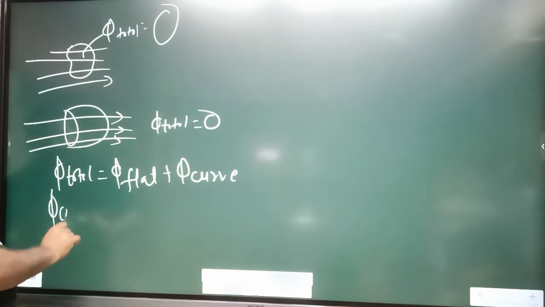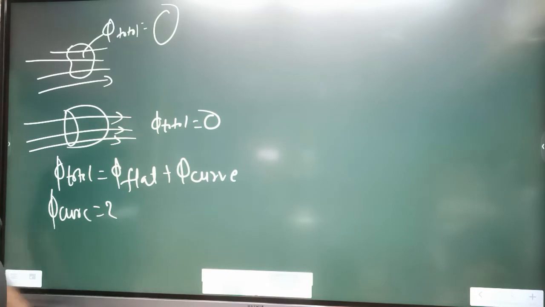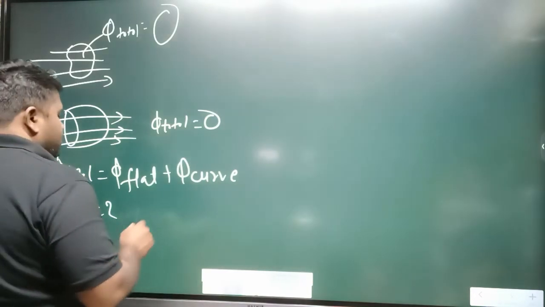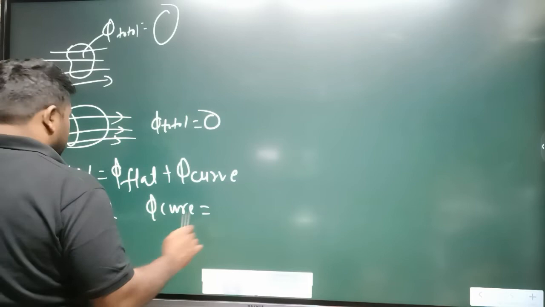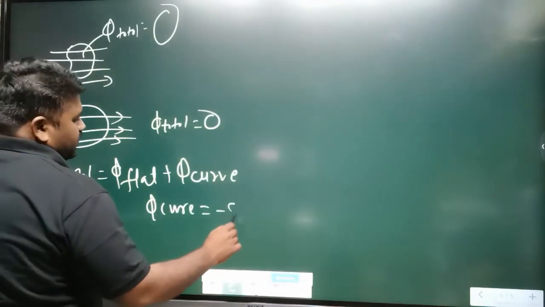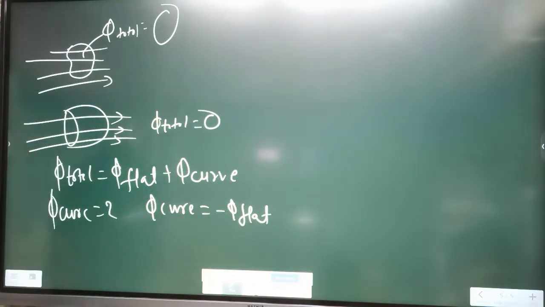Our aim is to find how much flux passes through the curved surface. But we know that phi total is equal to phi flat plus phi curve. Then phi total is 0, so phi curve is equal to minus phi flat. Yes or no? Phi flat. Yes, sir. Okay.